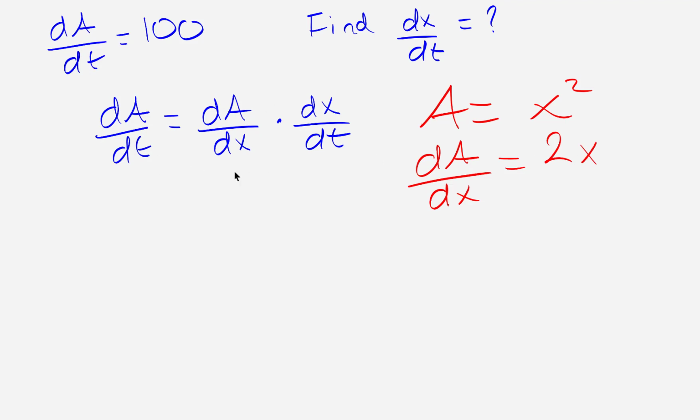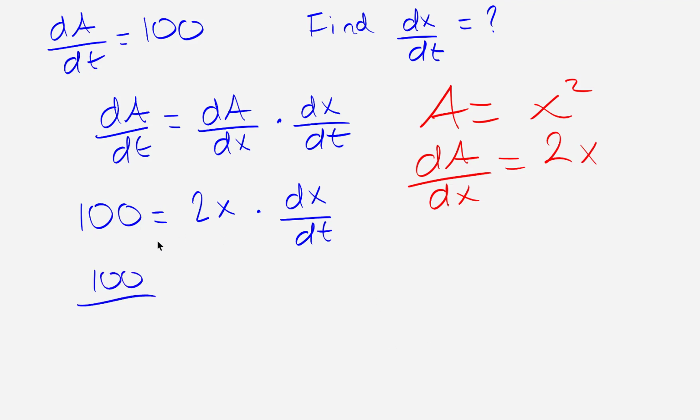Filling into my chain rule version, 100 equals 2x times dx/dt. Therefore, to get dx/dt, just divide by 2x, so dx/dt is 100 divided by 2x.